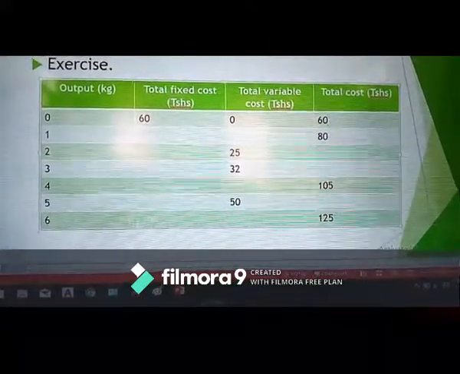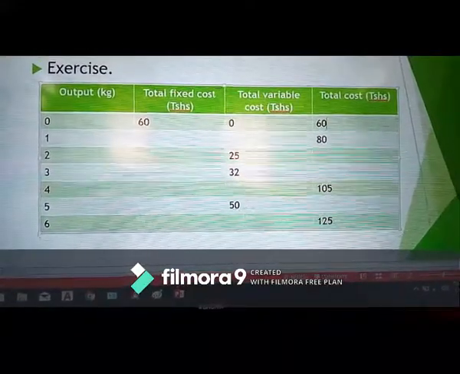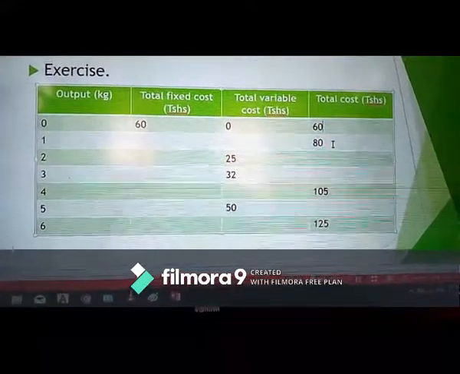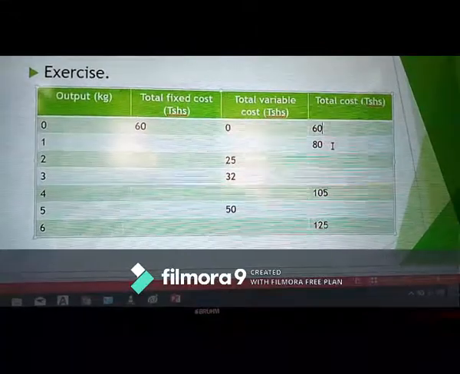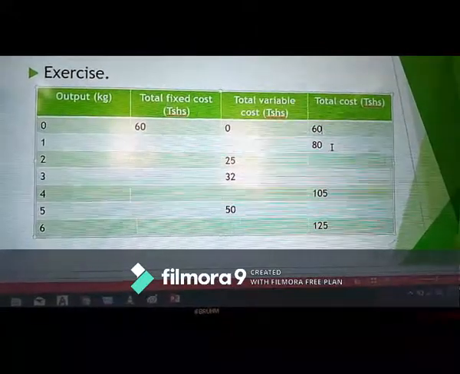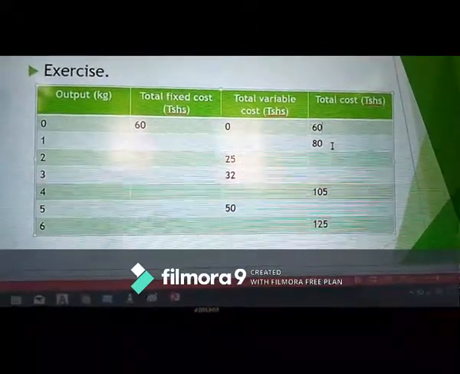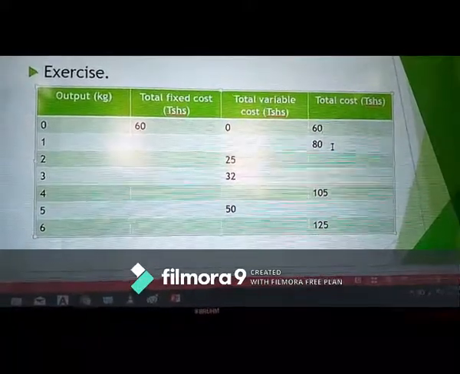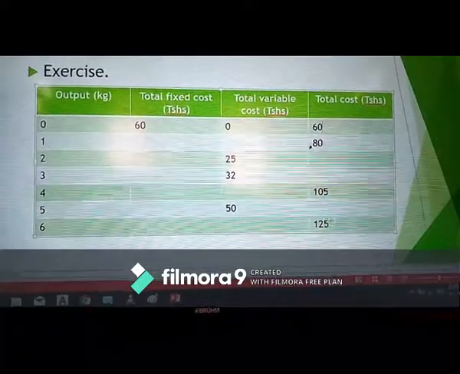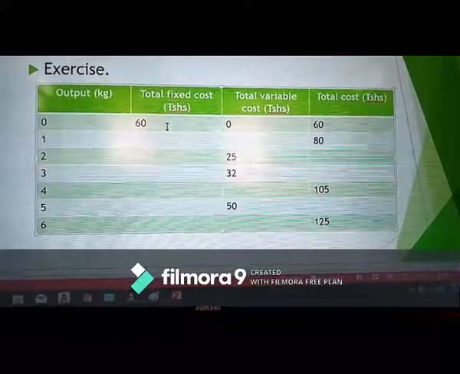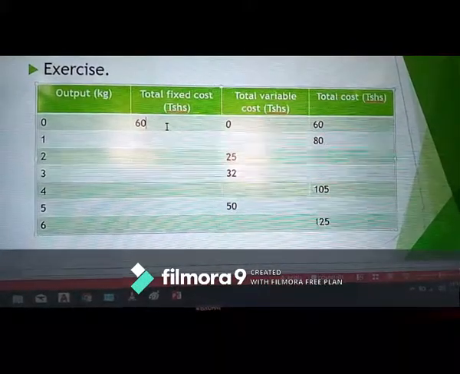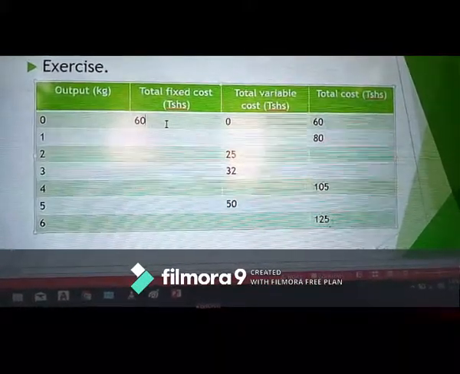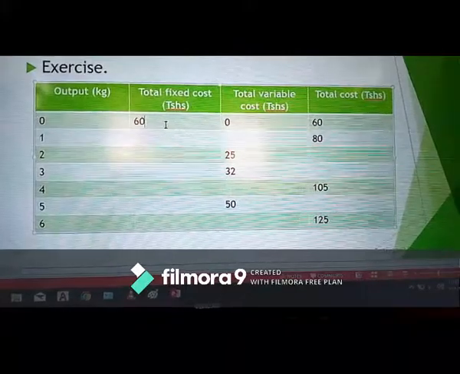Now, at output level 1, where our output is 1 kilogram, we have a total cost of 80. No fixed cost, no variable cost. But mind you, total fixed costs are the costs which do not change with the change in the level of output.